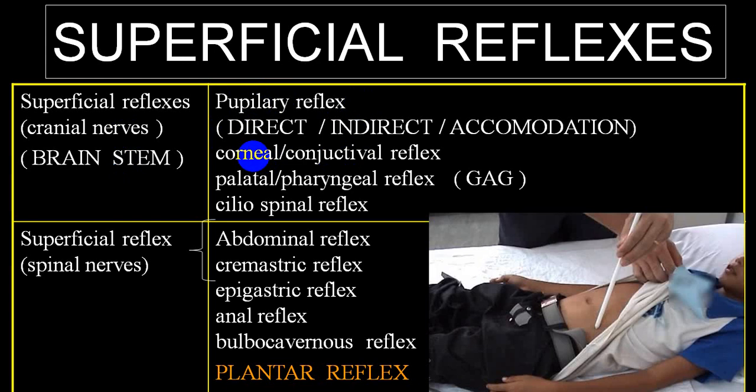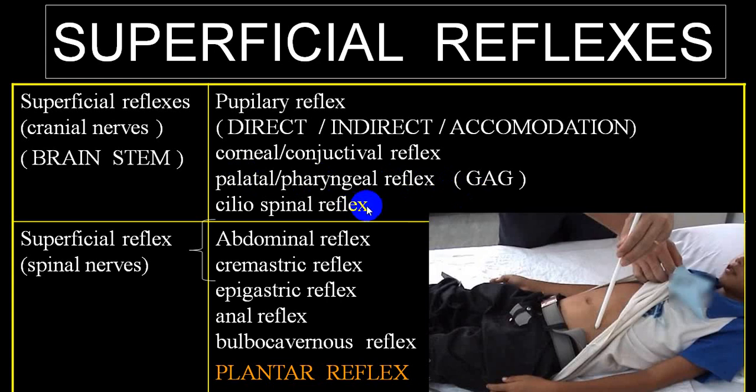And there is one more reflex concerned with the 9th and 10th cranial nerves, that is palatal reflex or pharyngeal reflex, together called the gag reflex. Sensory pathway is the 9th cranial nerve, motor pathway is the 9th and 10th cranial nerve.